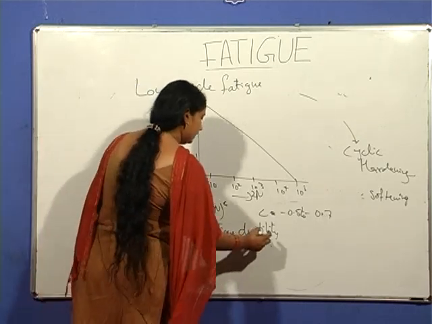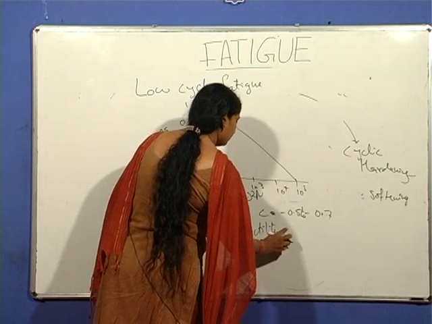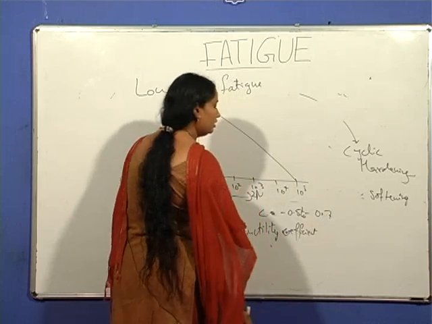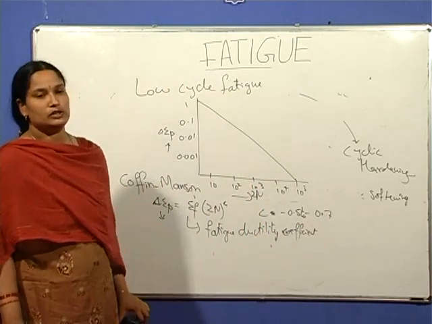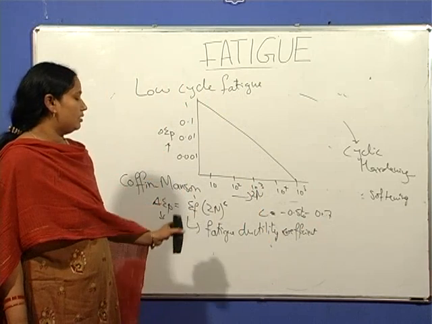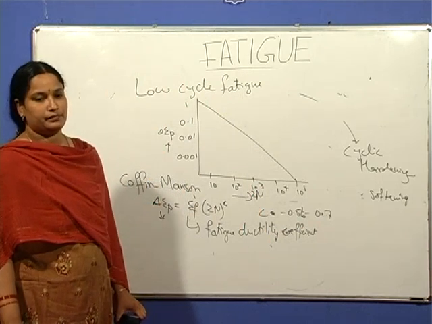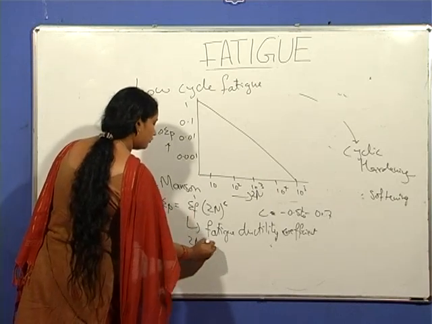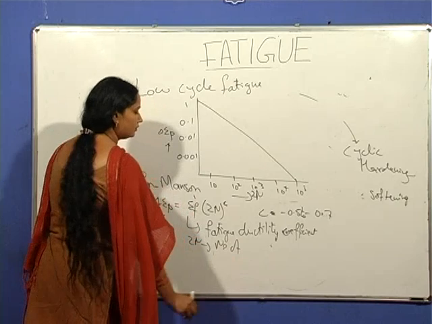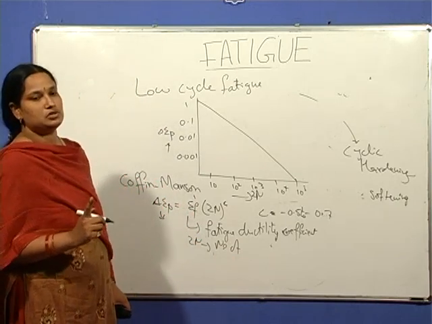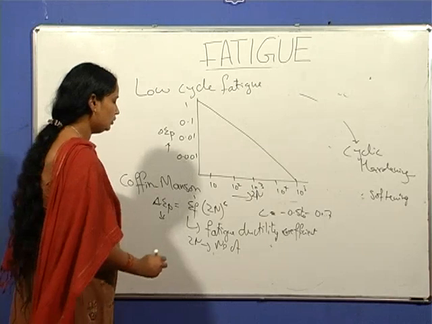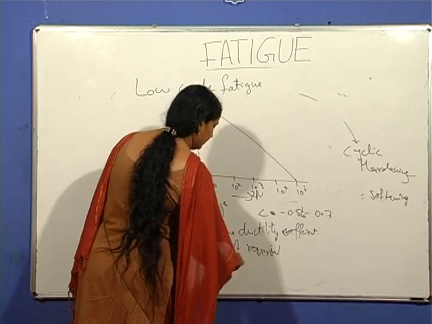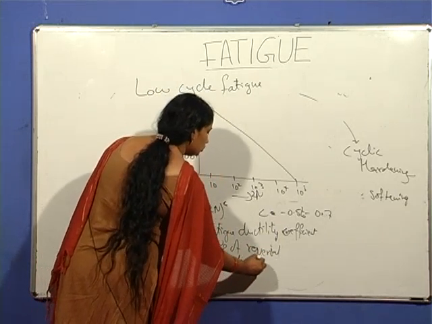So this fatigue ductility coefficient is equal to the true fracture strain in the case of the tension test, and 2N is the number of reversals to failure, where one cycle corresponds to 2 reversals.